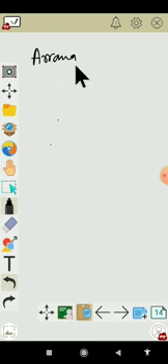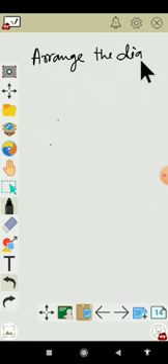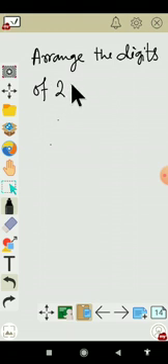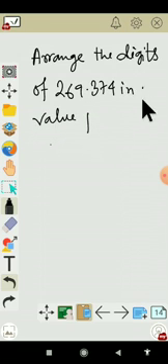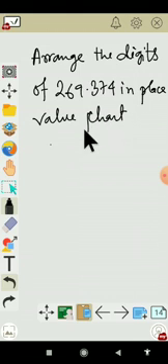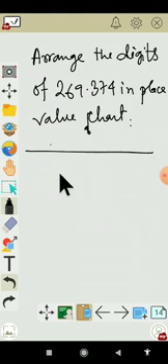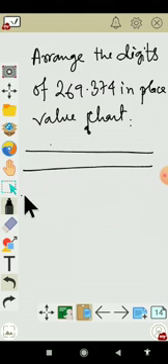Suppose the question is like this: arrange the digits of 269.374 in a place value chart. How do you write this in a place value chart?